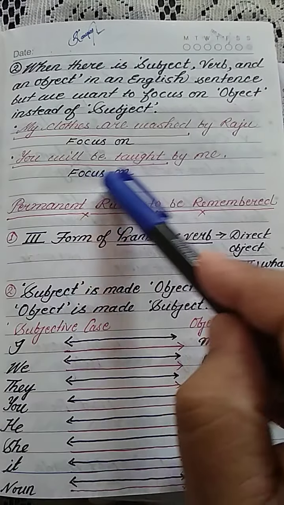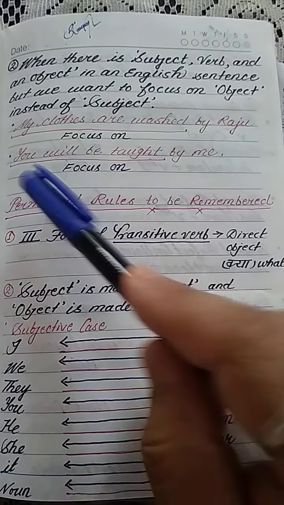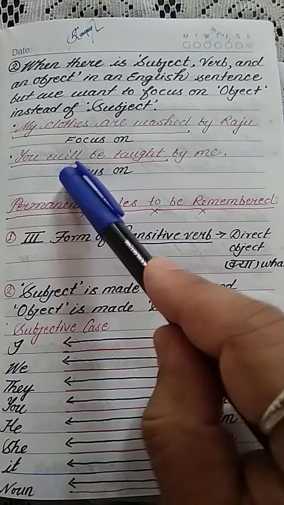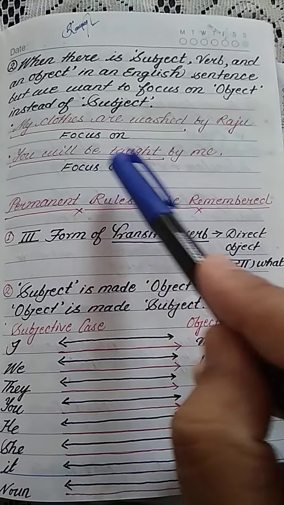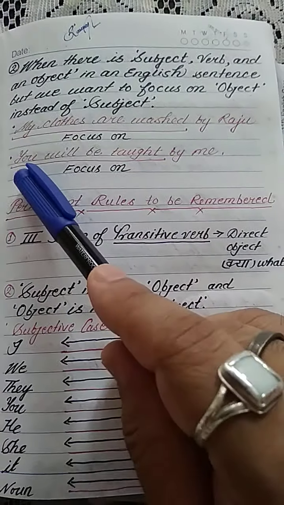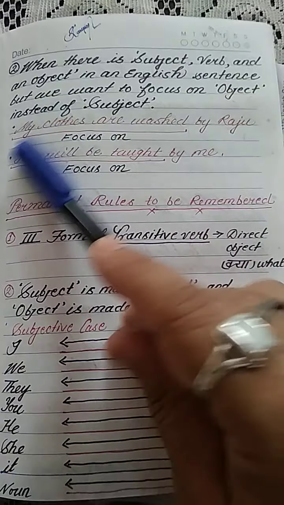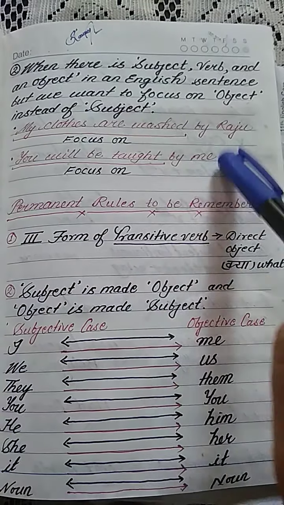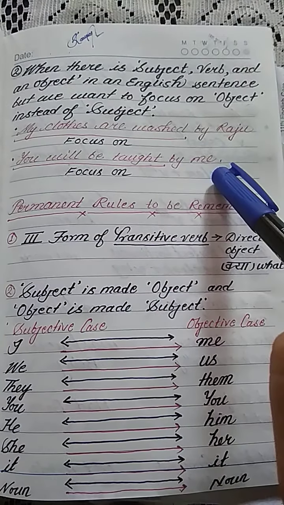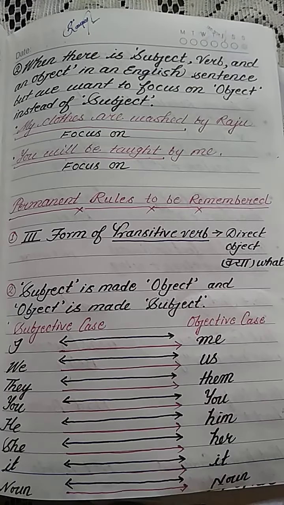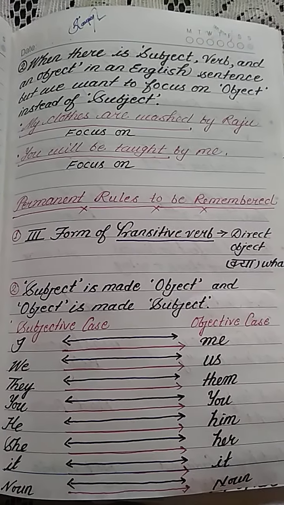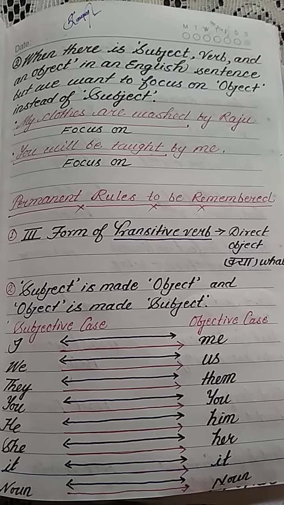Second, you will be taught by me. It means that this particular point, you will be taught, is my focusing point here. It doesn't matter by whom. This is why it is called a passive sentence.